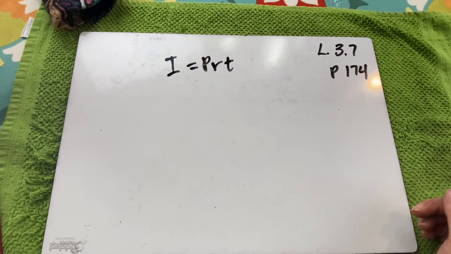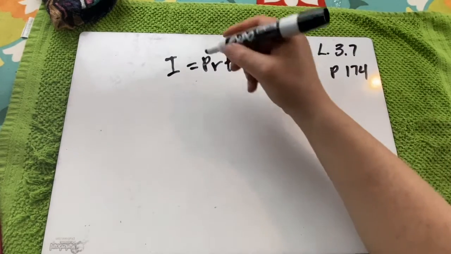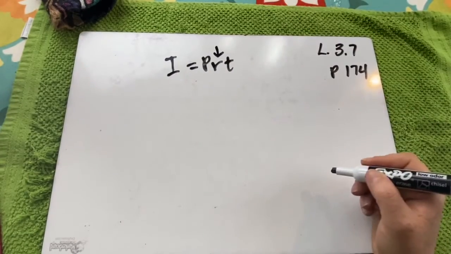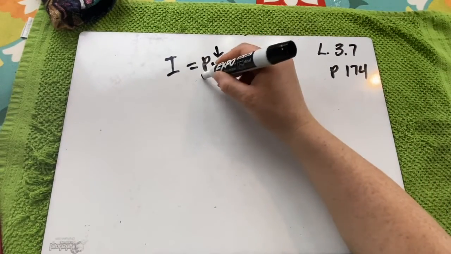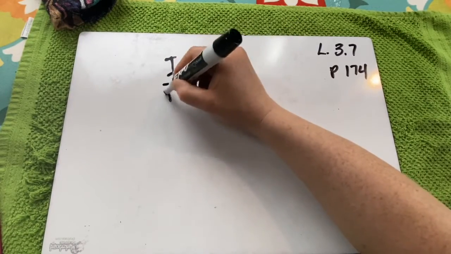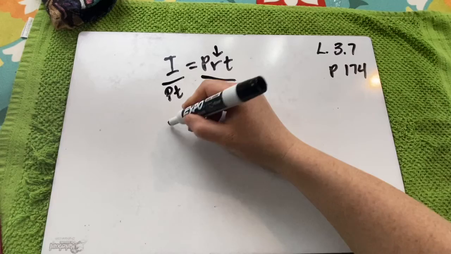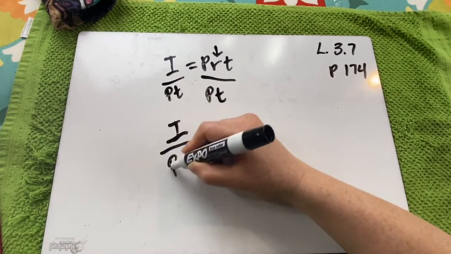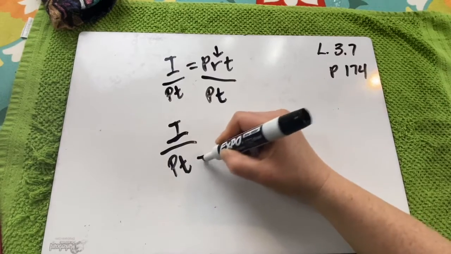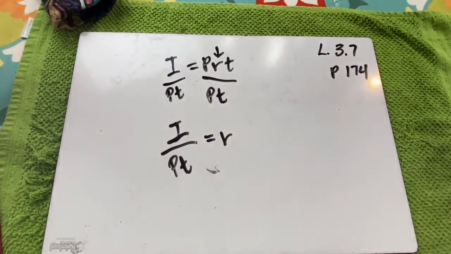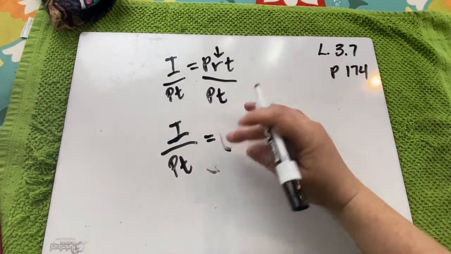They said solve for R, so I'm going to divide by PT. I divided by PT equals R.